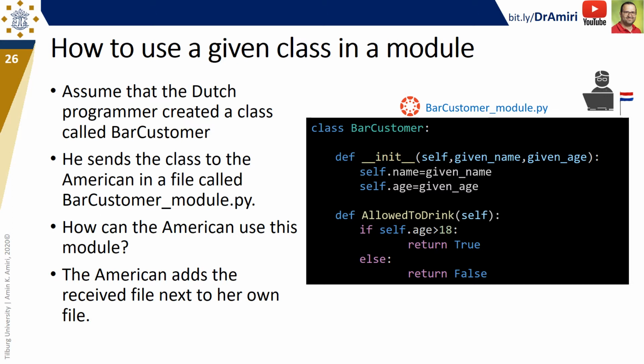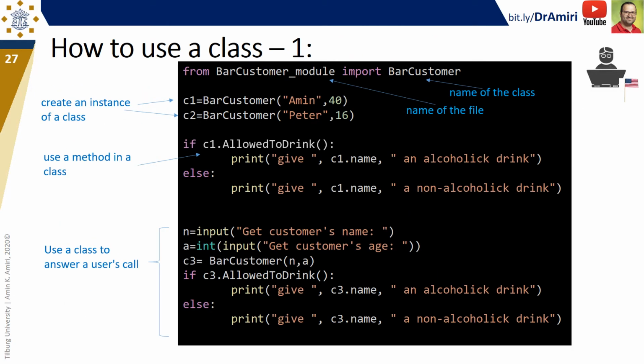First thing is that the American needs to add this file next to the file that she wants to use. As explained in the previous videos, the American needs to use the from keyword, the name of the file, and then import the name of the class to be able to use the class.